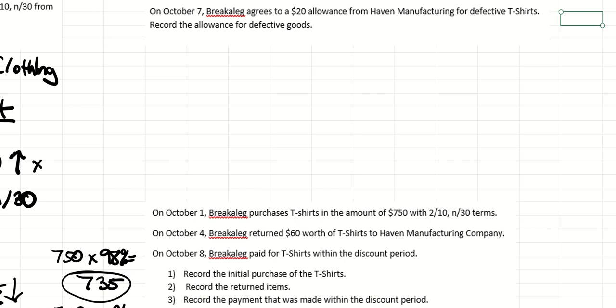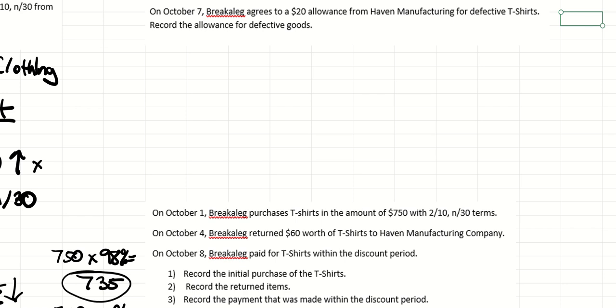So as you can see here, the very top, this is a scenario of when an allowance is actually provided to the buyer. On October 7th, Break a Leg agrees to a $20 allowance from Haven Manufacturing for defective t-shirts. Record the allowance for defective goods.